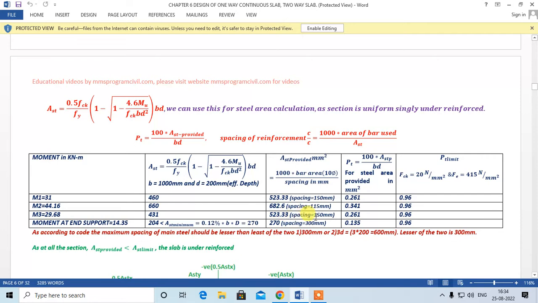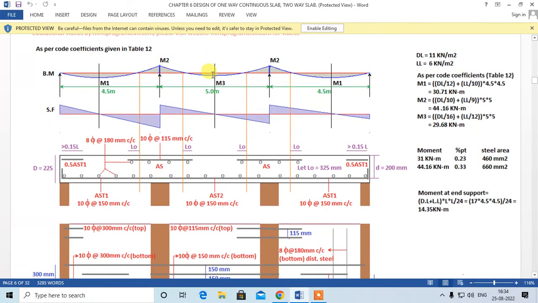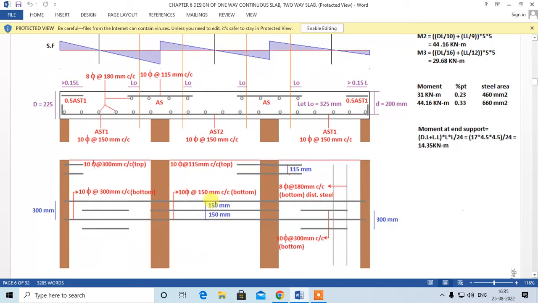So this spacing we are keeping as 10 mm at 150 mm center to center. This is the moment near the midspan. So this is the main steel over here, and we are providing 10 mm at 150 mm center to center at the bottom. This steel is again repeated over here. So now we have designed our bottom steel, and we have designed our top steel.